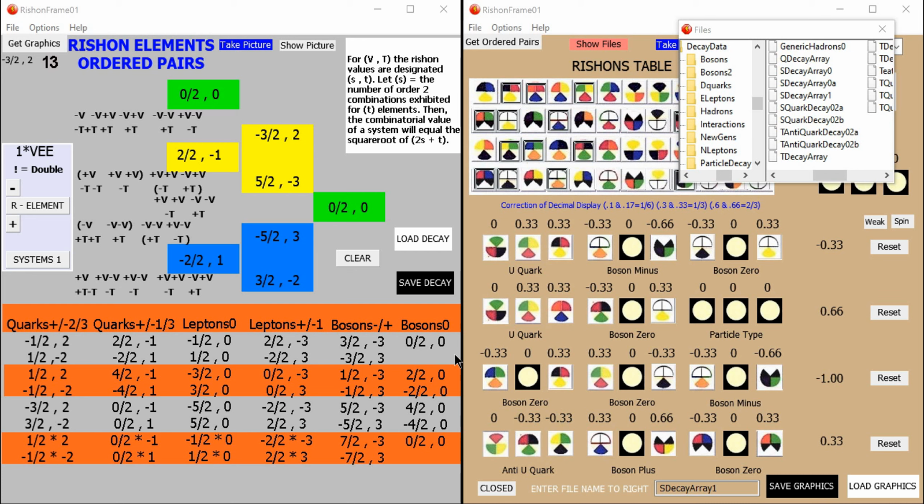But also, we can see there's been an exchange of two of the rishons, the red rishon that was yellow with red feature for a blue with a red feature, which will give us a T rishon pair anti-pair, which will carry away the -1/2 spin and join it to the W- particle.